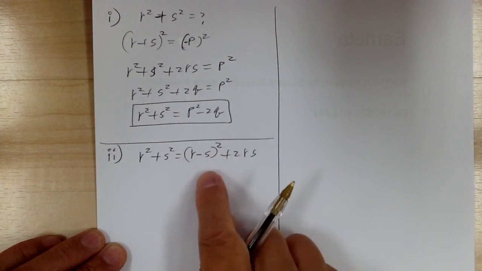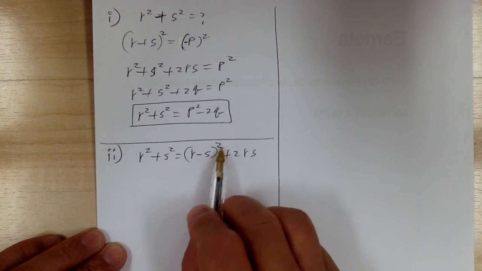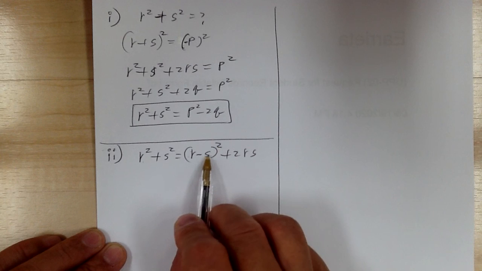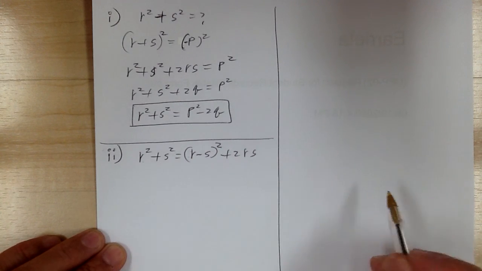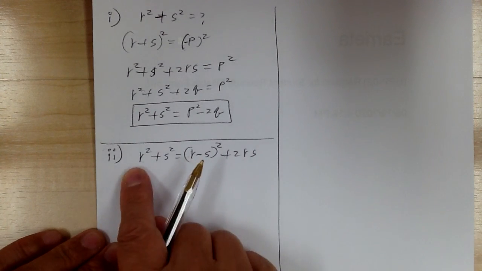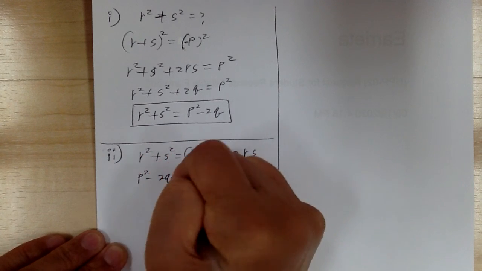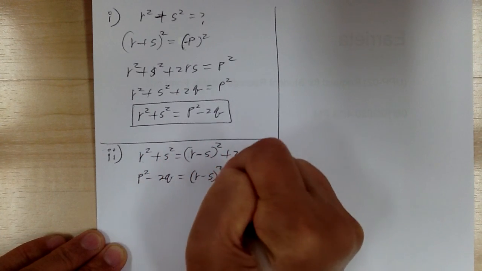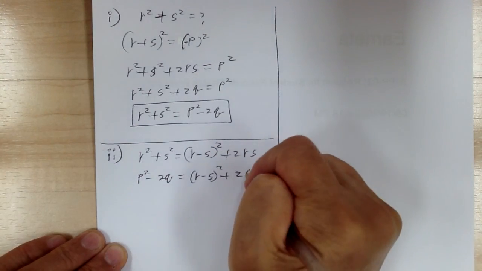Then you can double check, right? R squared gives you that, s squared gives you that, and the middle term would be minus 2rs. So when you plus 2rs, you get no middle term. Okay, so from here we can start to substitute. We know this from this part, so you get p squared minus 2q equal to r minus s squared plus 2rs. Now rs, again, we know from here is q.